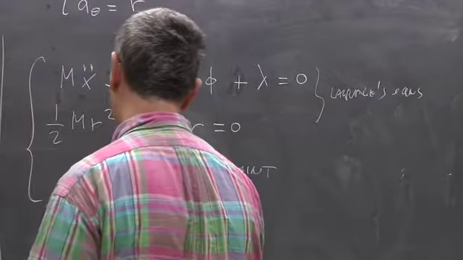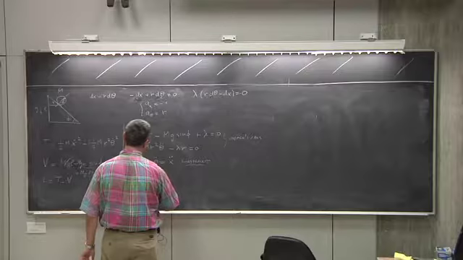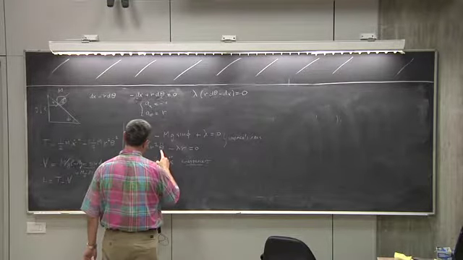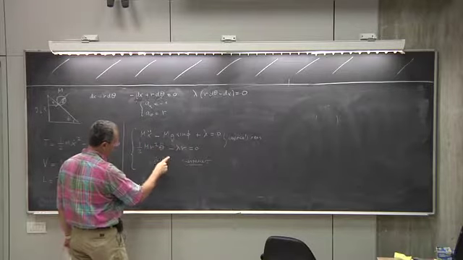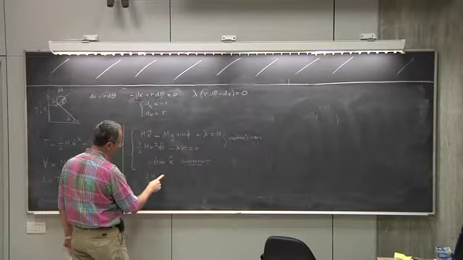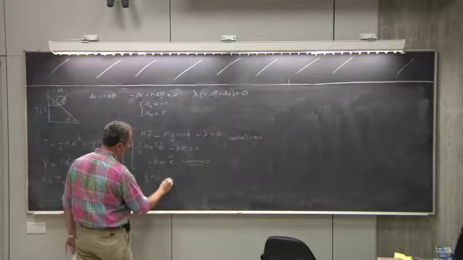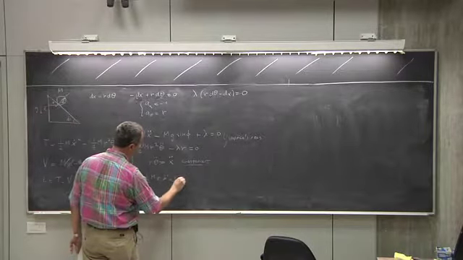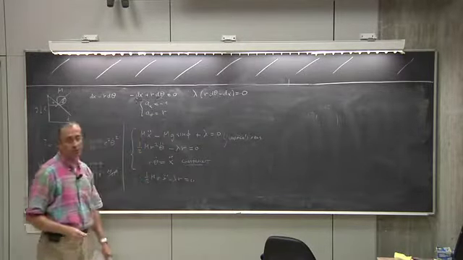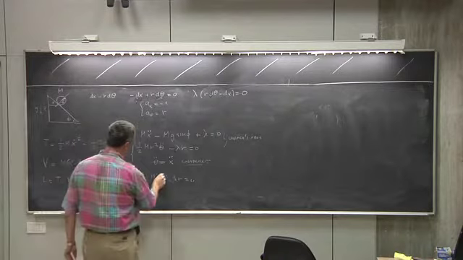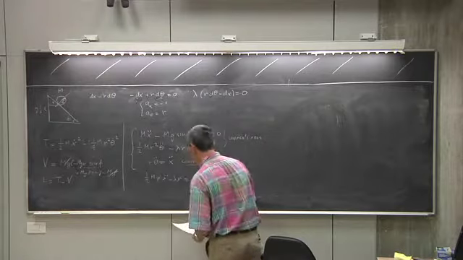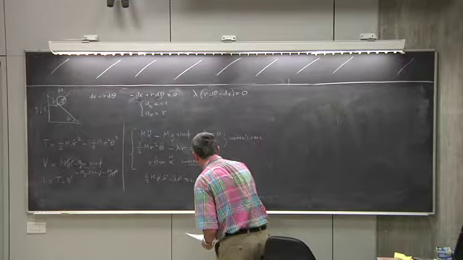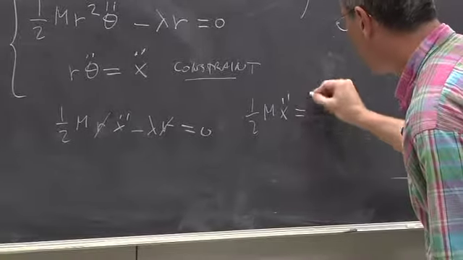So that you get 1/2 m r square. Now, theta dot dot is x dot dot divided by r, so one r goes. Right? And also r I can simplify, so this gives me that 1/2 m x dot dot is equal to lambda.